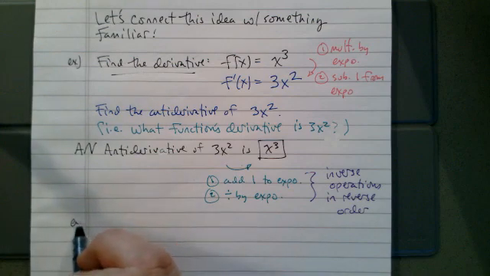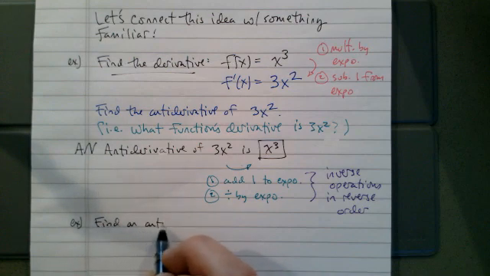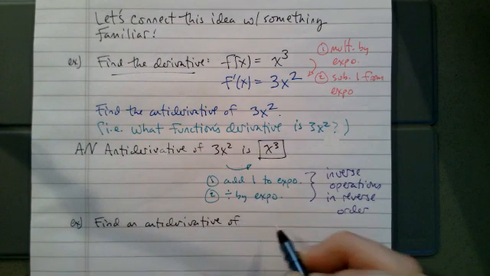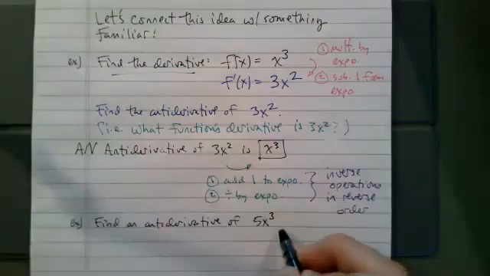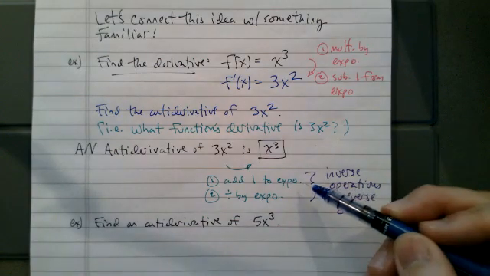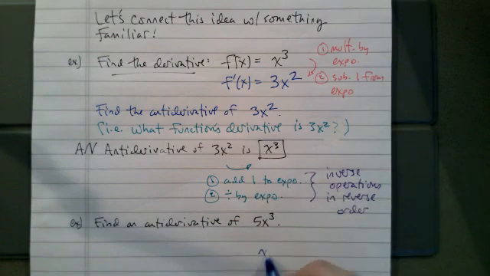So another example, find the antiderivative of 5x to the third. So the process is to add 1 to the exponent and then divide by the exponent. So we add 1 to the exponent and divide by that exponent. 5 just gets carried along.